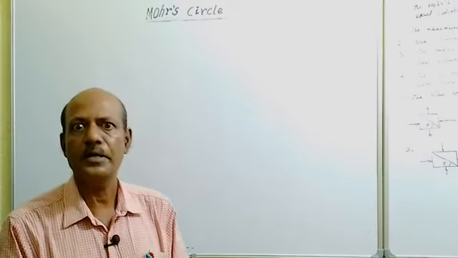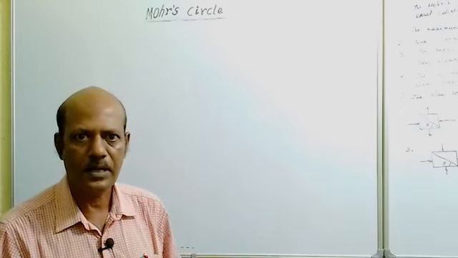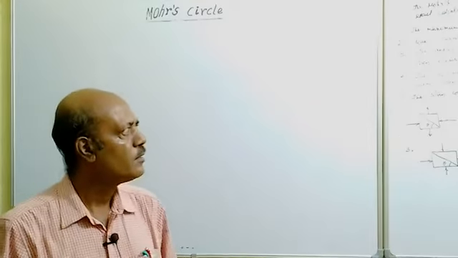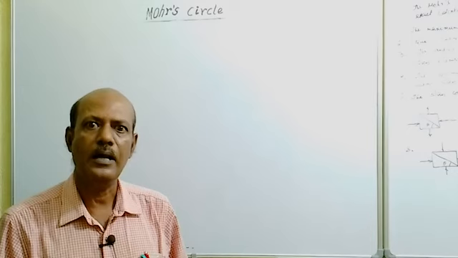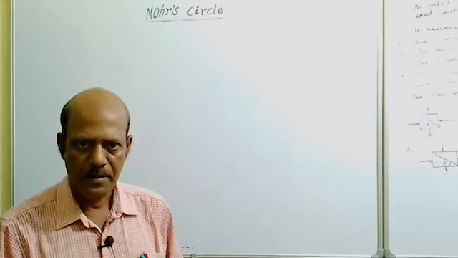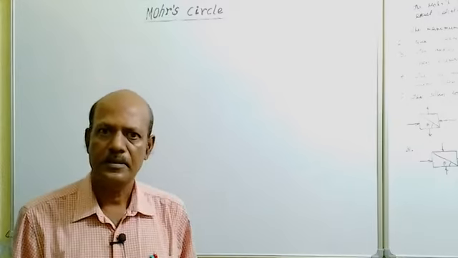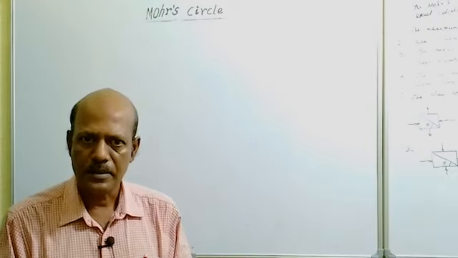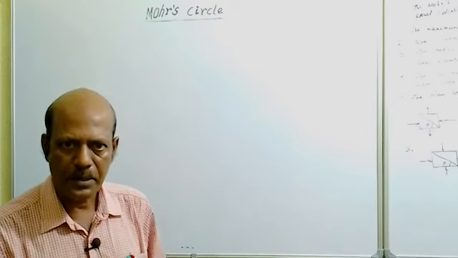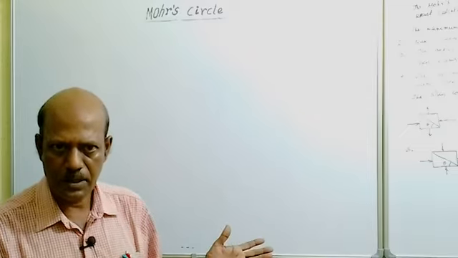Next, the angle of orientation of the principal plane elements and maximum shear elements. Next, the normal stresses that exist along with the maximum shear stress element. And at last, the stress condition at an angular position. All these things we can find by using the Mohr circle. That's why the Mohr circle is so important.